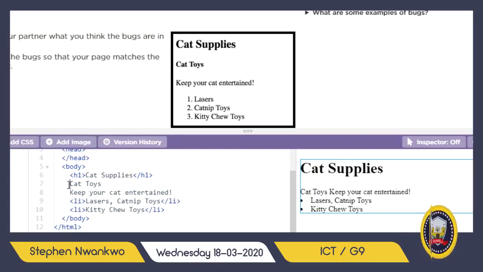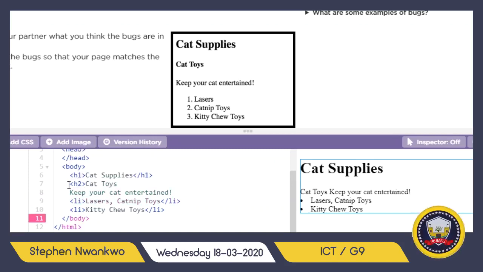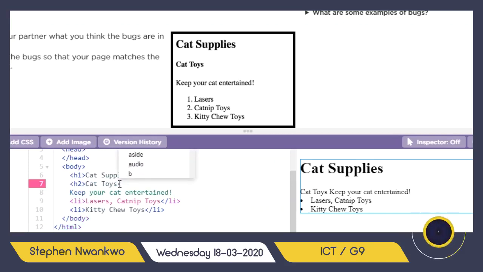So here we're going to use H2, that is header 2, smaller header. Then you close it with the H2 tag.